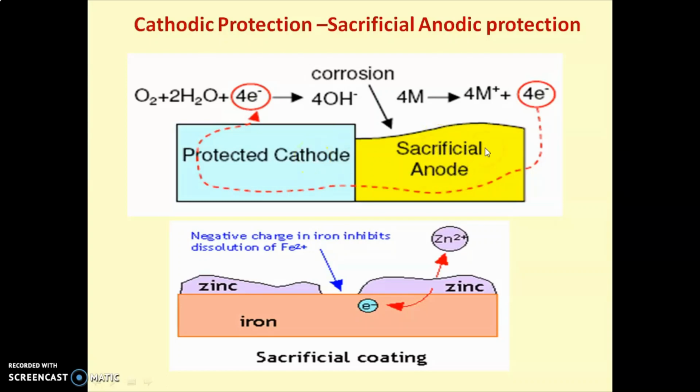The corrosion takes place at this, which acts as the anode. As a result, it undergoes corrosion, and the metal is protected by the sacrifice of this anodic material. That means the metal to be protected is saved by the sacrifice of the anodic material. That's why the name sacrificial anodic protection.